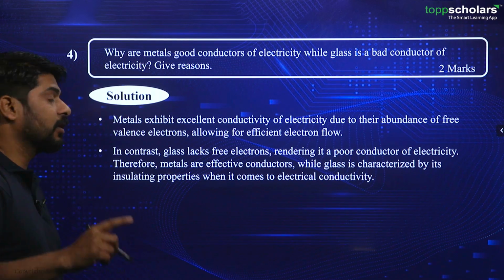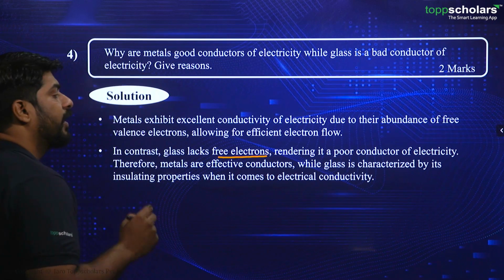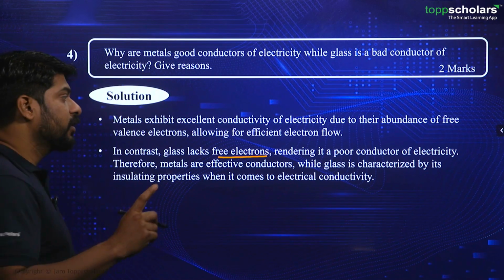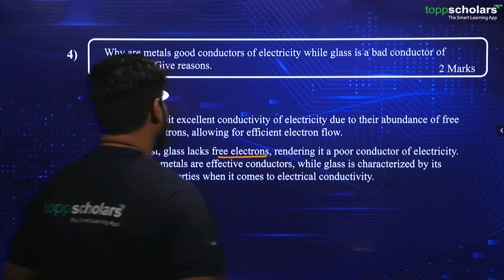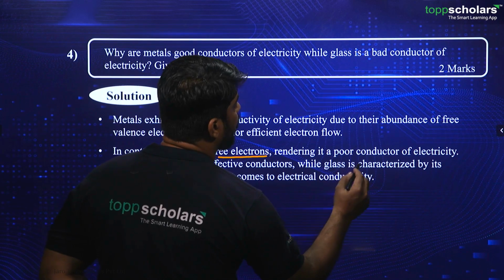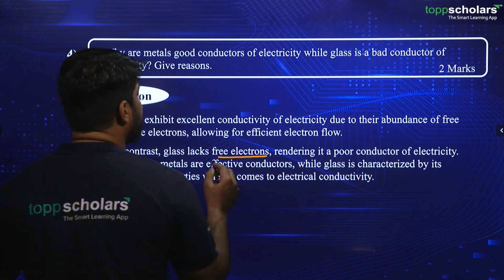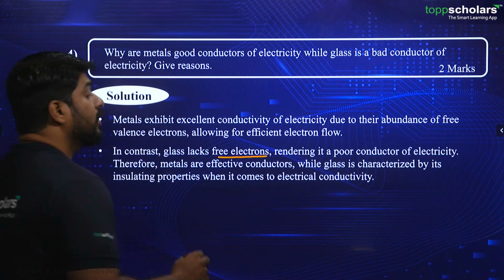In contrast, glass lacks free electrons, rendering it a poor conductor of electricity. Therefore, metals are effective conductors while glass is characterized by its insulating properties when it comes to electrical conductivity.